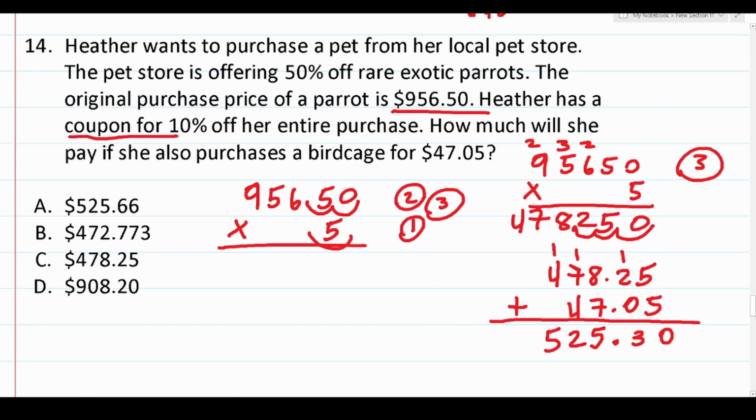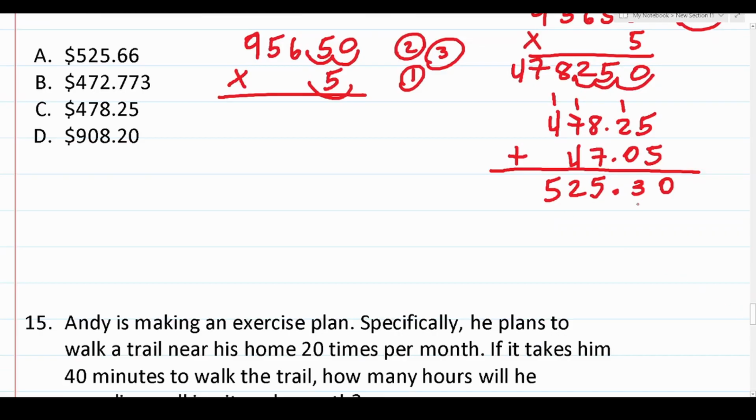That said, she has a coupon for 10% off her entire purchase. So now we've got to take an additional 10% off this 525.30. And that's not that hard to do. Let's work that out. This is 525.30, and we want to figure out what 10% of that is. So we're going to multiply it by 10% in decimal form, which is 0.1. Now we're doing multiplication involving decimals again.